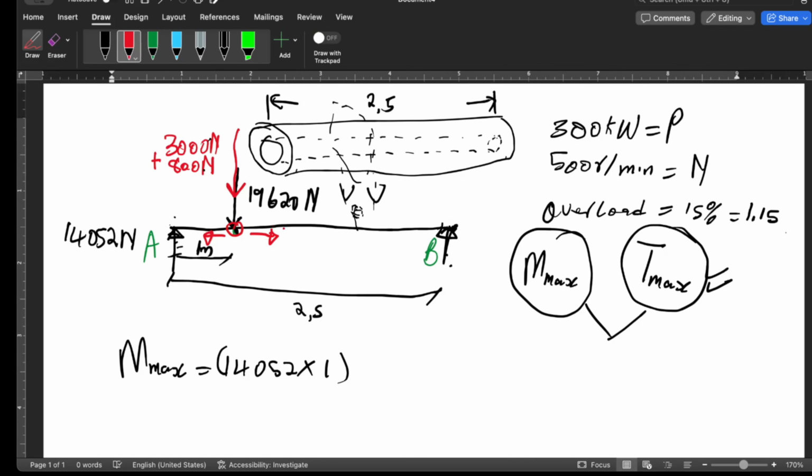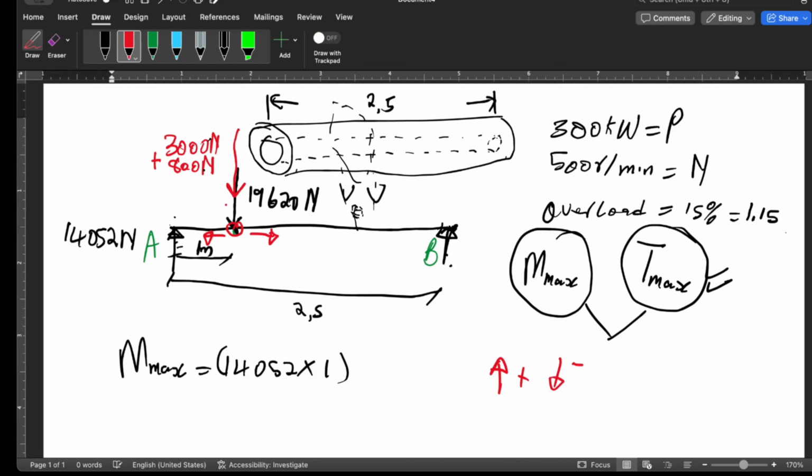So when you calculate bending moment, you take all the forces that are going up, you add them. But you don't just add them, you multiply with the distance, the distance from where you are calculating your bending moment. All that are going down, you subtract.